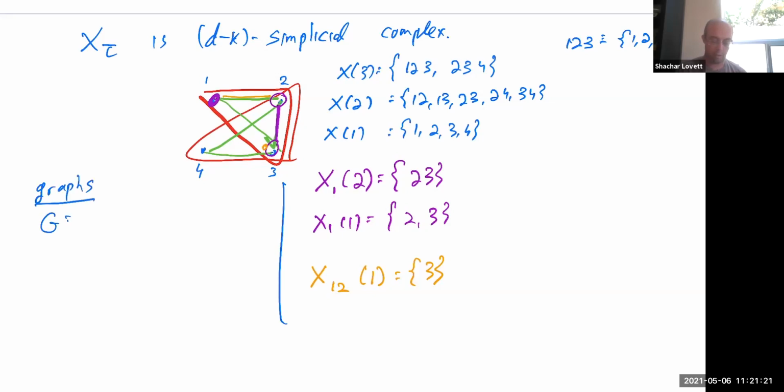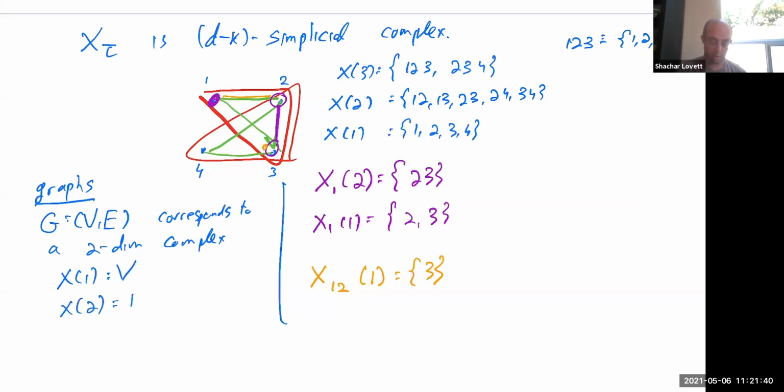If I have a graph V, E, then it corresponds to a two-dimensional complex, where x1 are the vertices and x2 are the edges.